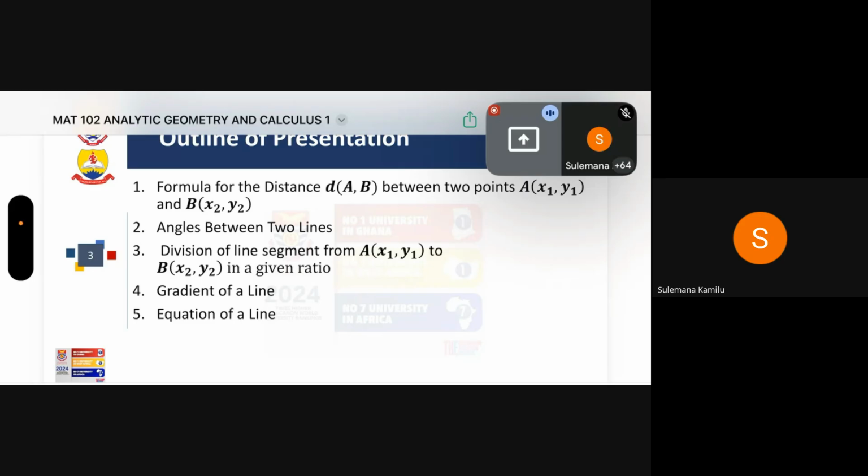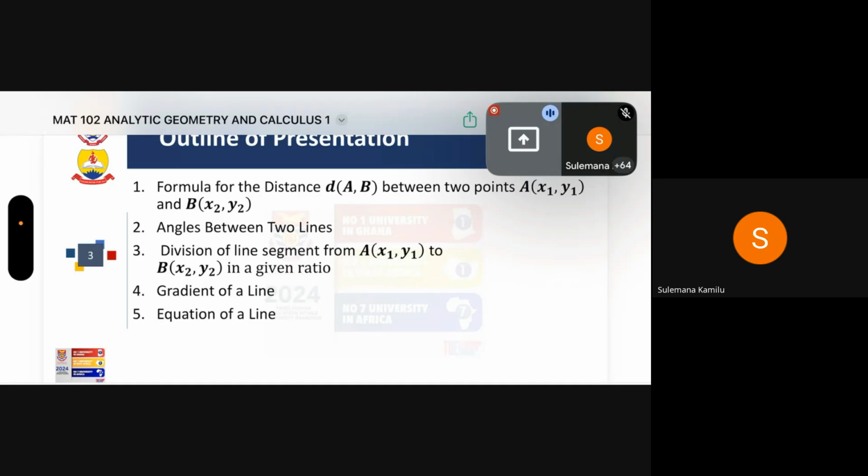And then we also look at division of a line segment in a given ratio. In the ratio, we'll look at equal midpoints when we divide the line equally, and then also dividing it into a given ratio.